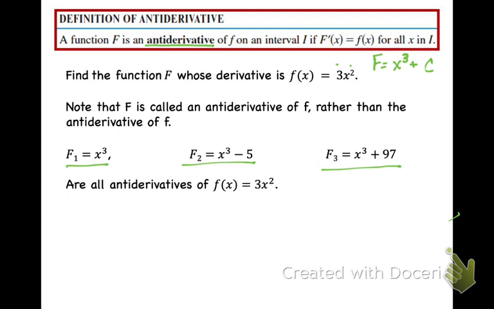Yes, because a constant doesn't change it. So all antiderivatives of 3x squared are included if I would just say plus C. We don't know what it is, but it could be there, it could not be there, but we don't know. Does that make sense? So when you take an antiderivative, you have to put what behind it? Plus C.